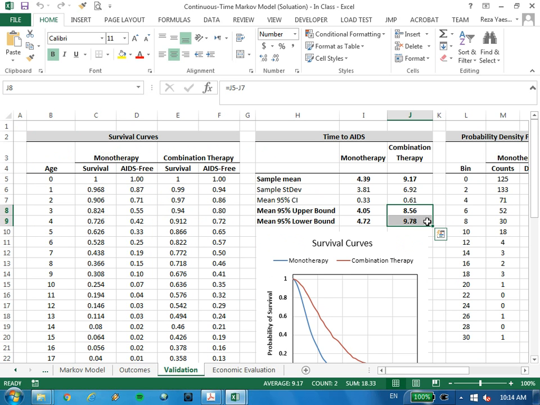Now if I want to know, in terms of time to AIDS, which alternative is doing a better job, I need to make sure that these confidence intervals do not overlap. So we need to increase the number of replications as much as possible so that the confidence intervals do not overlap, so that I can make some conclusion about the performance of combination therapy in terms of time to AIDS.